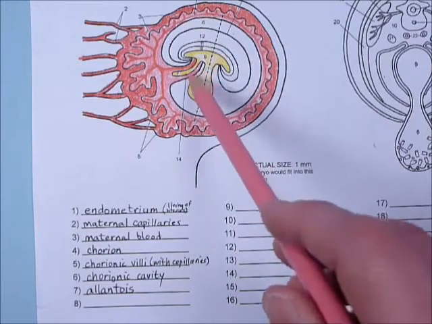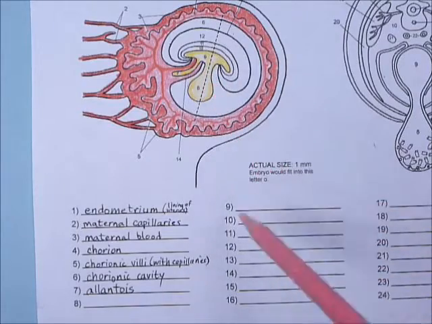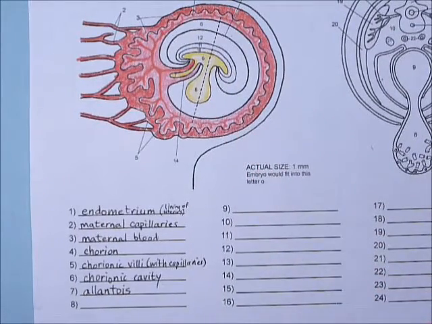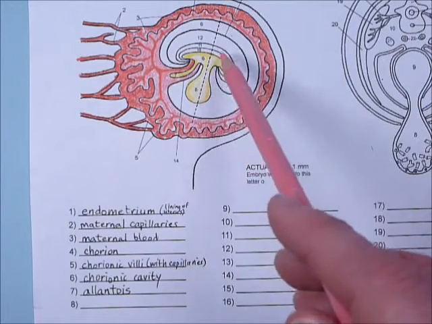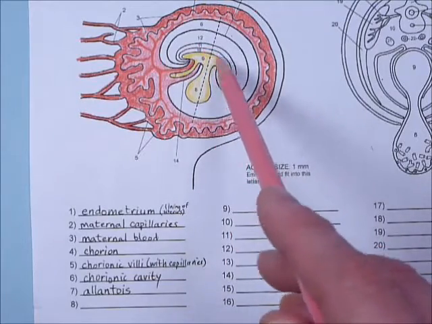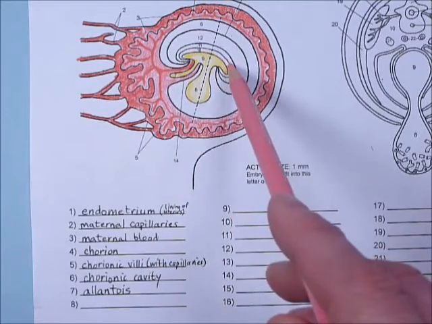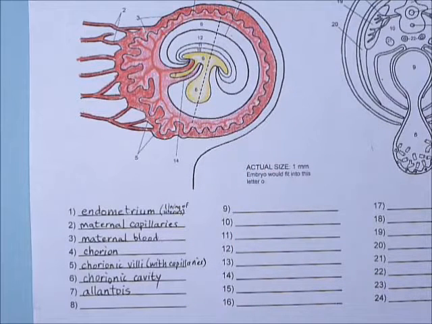Here it's just a real temporary structure. A lot of these structures we're going to see, the yolk sac, the allantois, and even some of the blood vessels that are forming, are all going to be temporary. We just have the problem of how to keep this embryo alive while the organs are developing. And once the organs are developed, then these are not so necessary anymore.